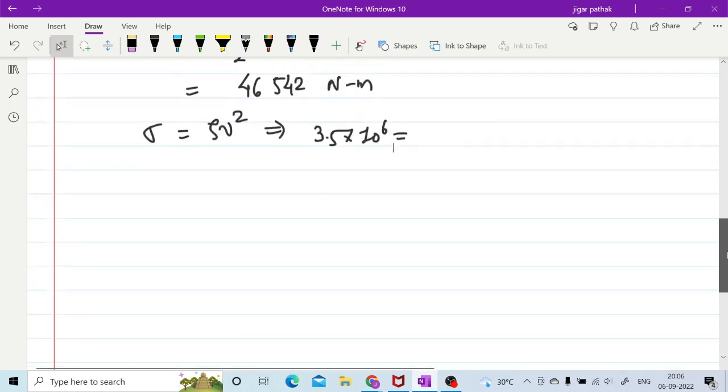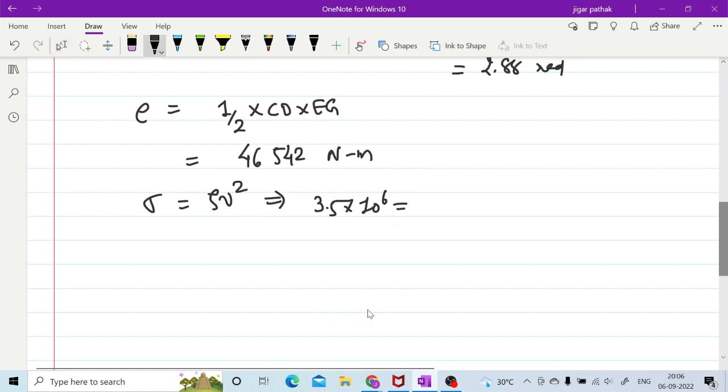So yes, you can calculate this into V square, right?